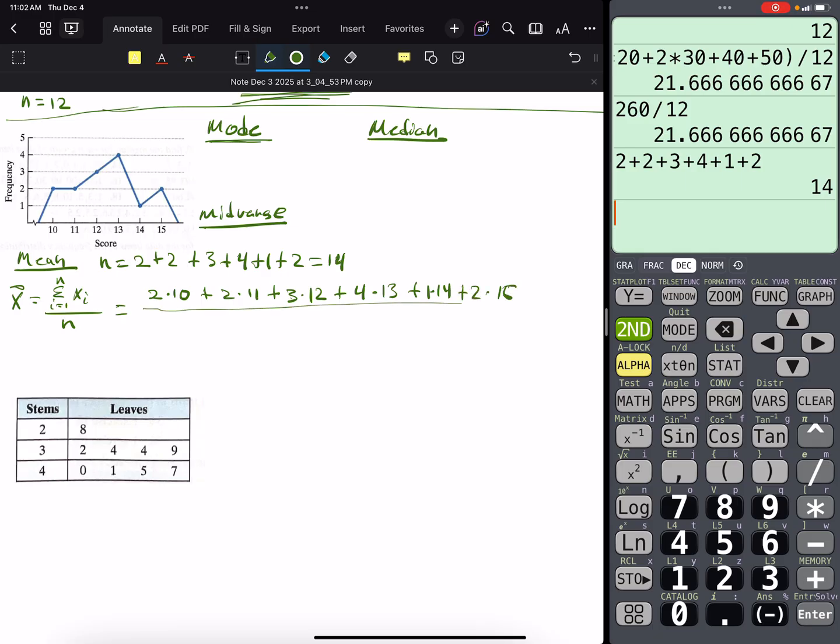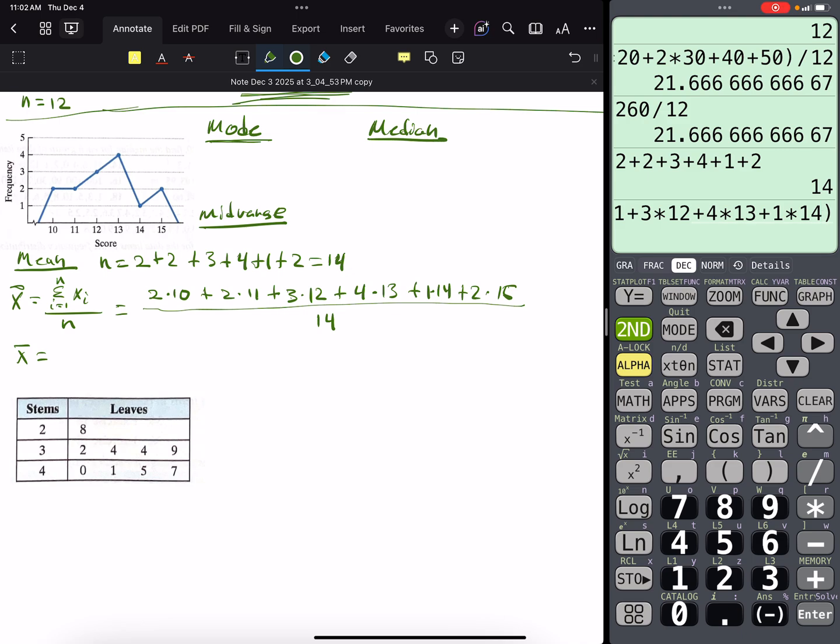And then that's all going to be divided by 14. And so my x bar value here is going to be 2 times 10 plus 2 times 11 plus 3 times 12 plus 4 times 13 plus 1 times 14.